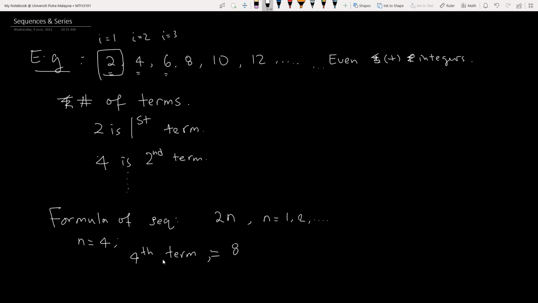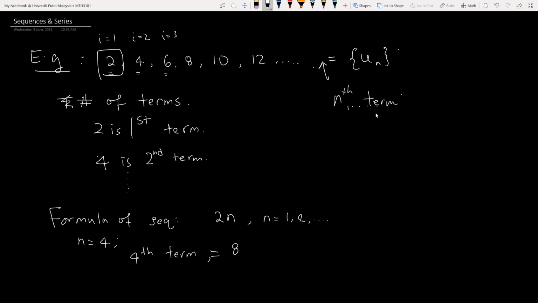Okay, and then if you have a lot of these, let's say this set is U, so this set is equal to U of n. It can be an infinite number of terms in the sequence. So this is the nth term, and saya nak jadi yang dia bersambung.